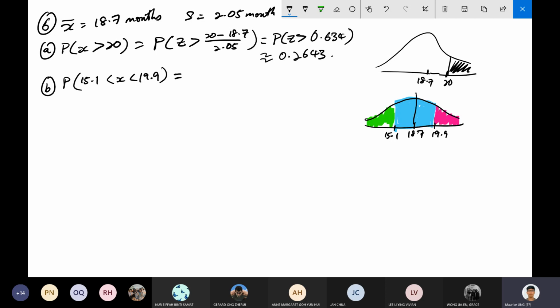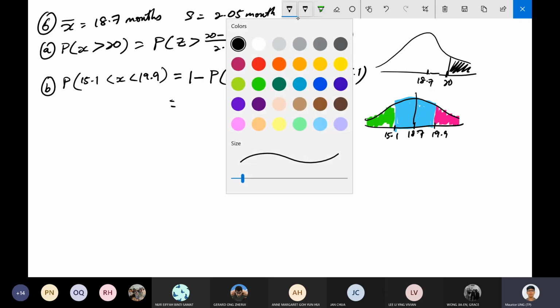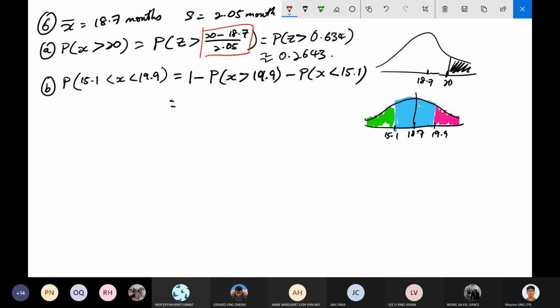So you take 1 minus P, that is more than 19.9, minus P, that is less than 15.1. So you can't just put it into an equation. In fact, it is the same equation that you use here. It's always the same equation.